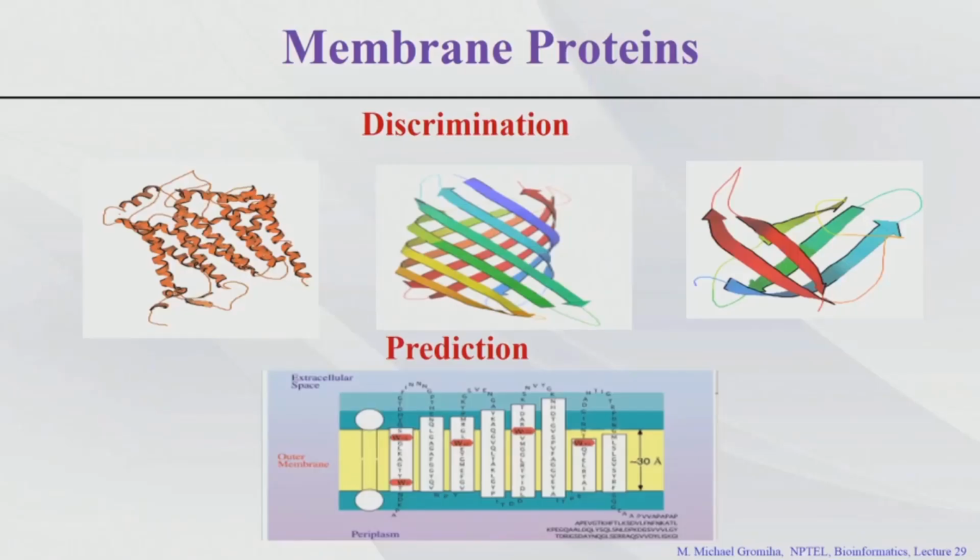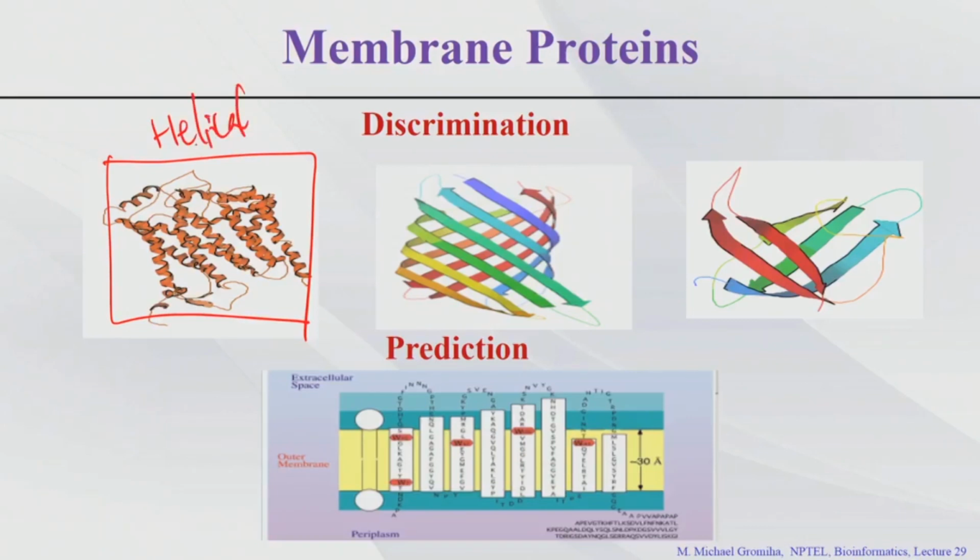Now, for example, this is the kind of membrane proteins. If you are interested in this type of membrane protein, what is it? Alpha helical proteins. This is the transmembrane helical protein, and this is the strand protein.